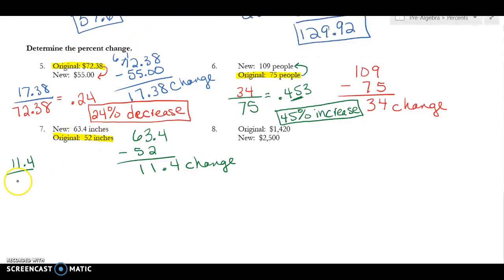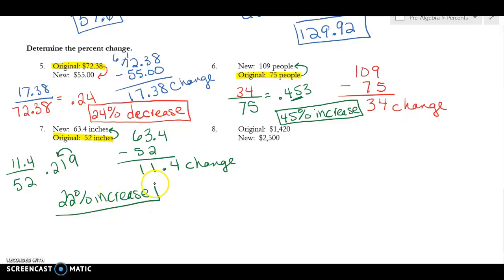So 11.4 divided by 52 is 0.219. The 9 is going to round this up to a 2. So this is 22%. Now let's see. I had 52 and I went to 63. So that's an increase. So it's a 22% increase.